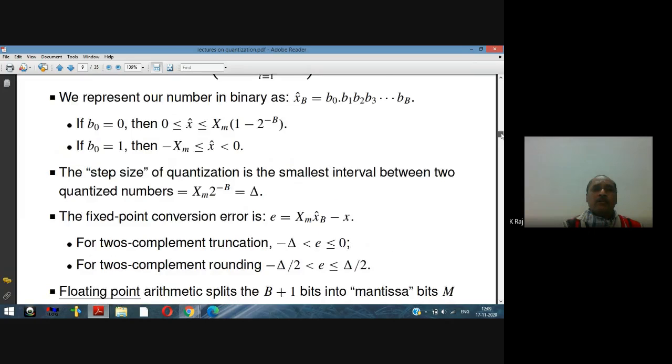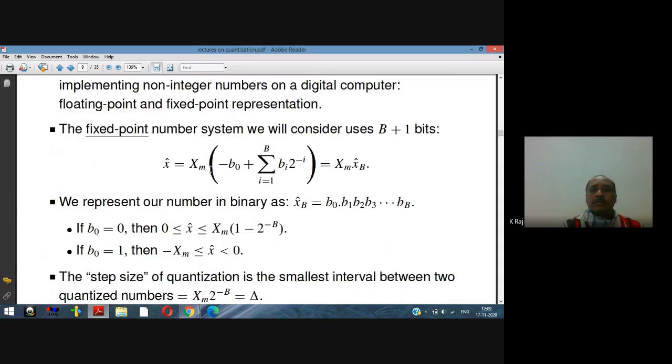Now, if b0 is 0, then the range of the modified number will lie between 0 to x_m multiplied by 1 minus 2 to the power minus b. And if b0 is 1, then the modified value of x will have a range from minus x_m to 0, because it will be multiplied by a value in the range of minus 1 to plus 1 here.